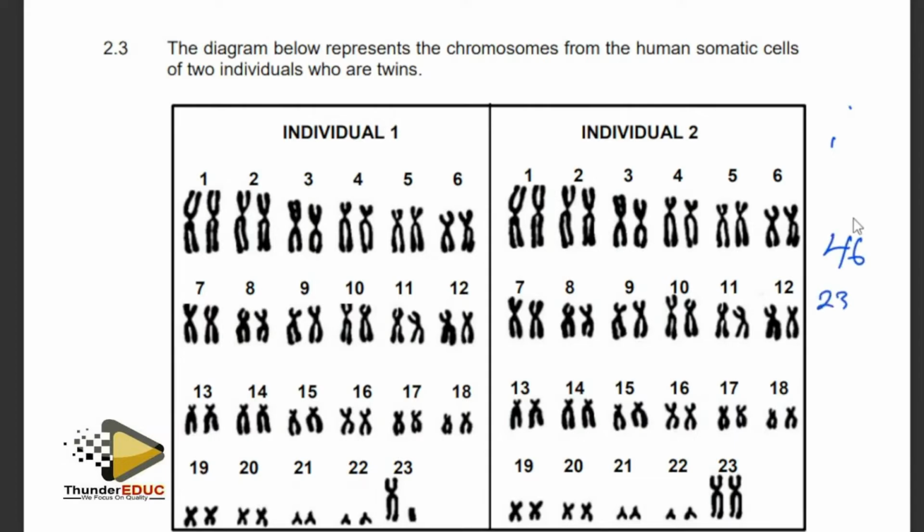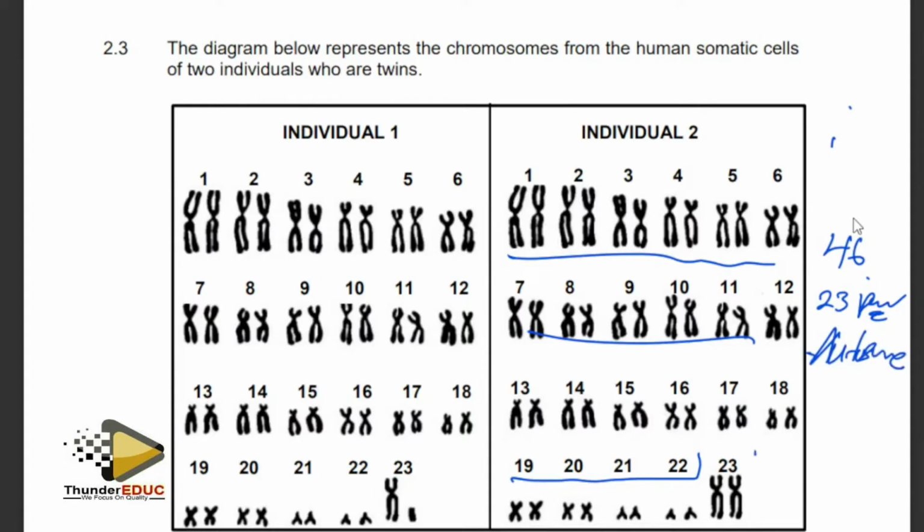46 or 23 pairs. Don't say 23, because if you just say 23 without writing the word pair it is wrong. It's made up of 23 pairs of chromosomes. From pair number 1 to pair number 22 is called autosomes. You see now you're describing a karyotype. The 23rd pair is gonosome or sex chromosome.